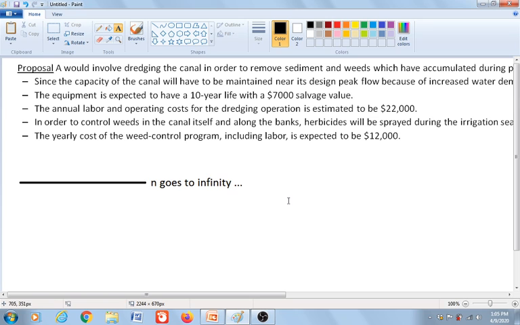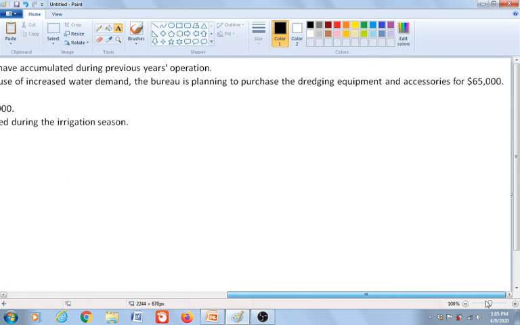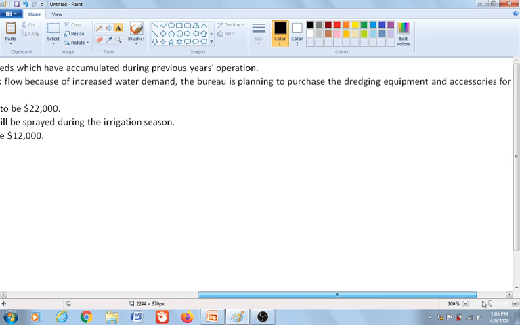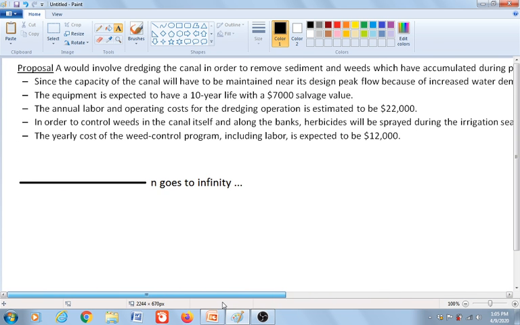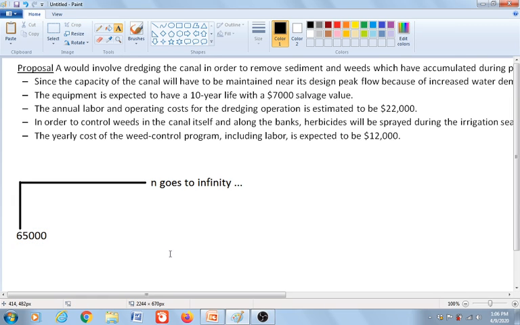Okay, so with proposal A, the equipment will cost 65,000. So we have here 65,000. That's the cost of the equipment.